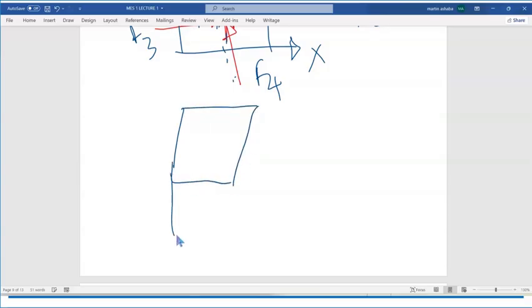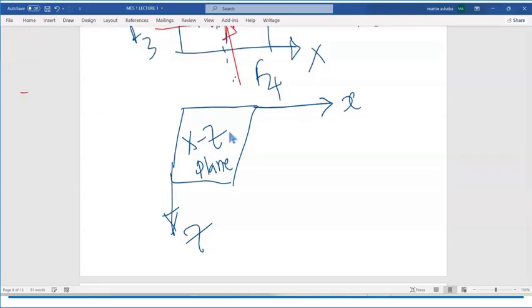Maybe this direction is Z, and this is the X direction. So this is the XZ plane. Now, if you have forces also acting here, like this, remember it's parallel to X, and maybe it's parallel to Z, maybe it's again parallel to X. So you have the lines of action of these forces.